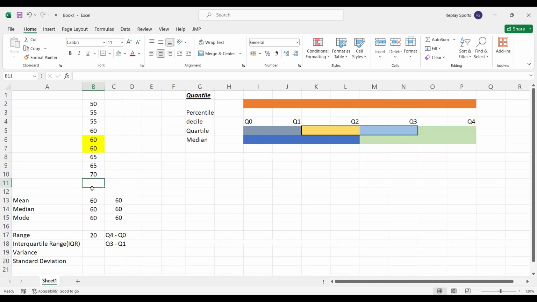So average is 60. But you are getting what? You are getting 50. So what is the difference? What is the gap? So this is your difference. Difference means you talk about 50 minus mean, minus average, assuming the data set is normal. So I'm going to fix this mean value here, B13.